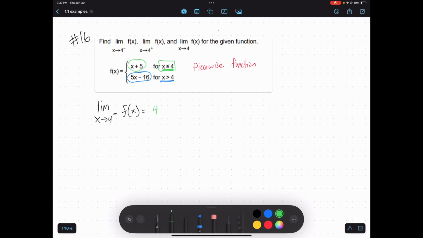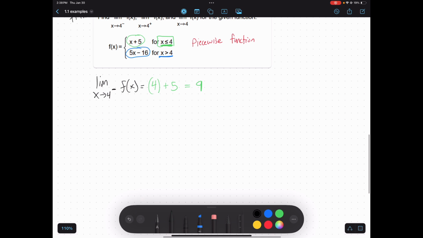I'm going to plug 4 in to this function, x plus 5. I'm not plugging it into 5x minus 16 because that's the rule that I use if x is greater than 4. But since these numbers are less than 4, I'm going to use the rule x plus 5. And what do I get? I get the value of 9. So that's what my function's approaching as I approach 4 from the negative direction.